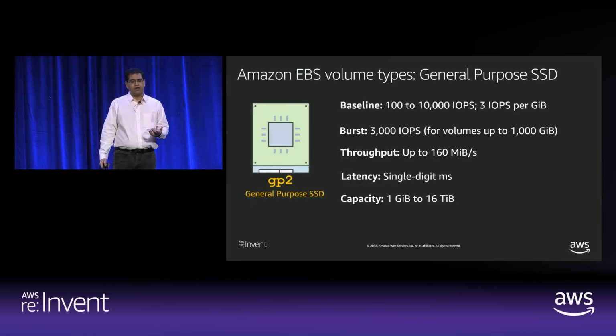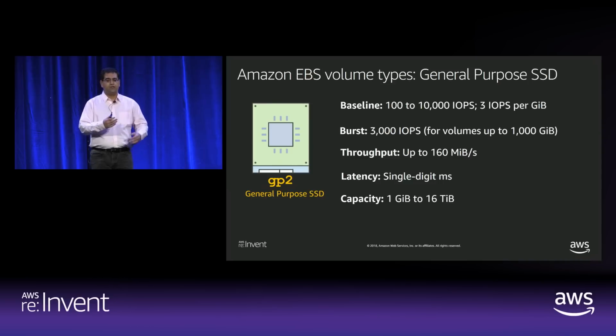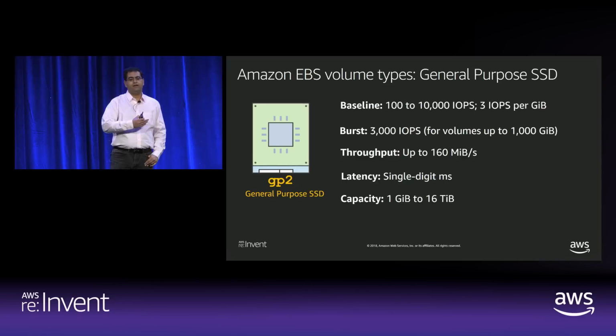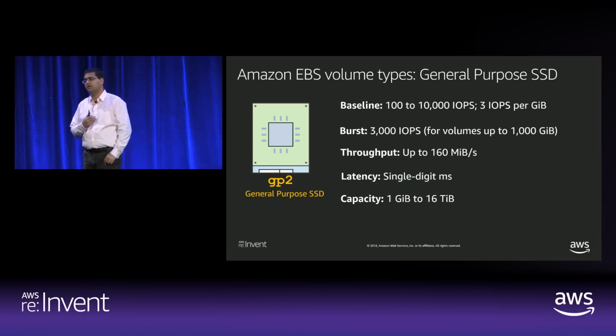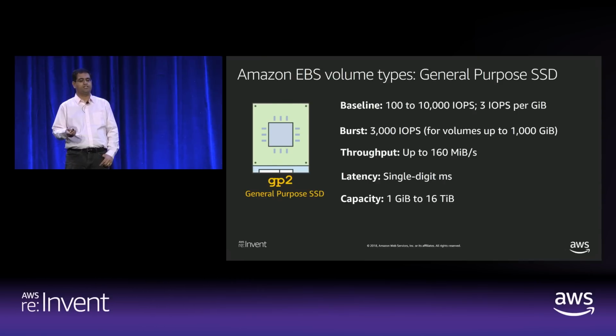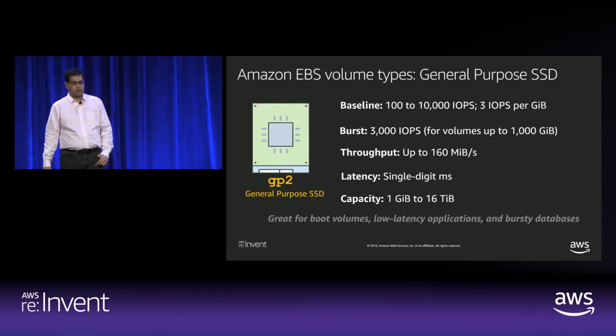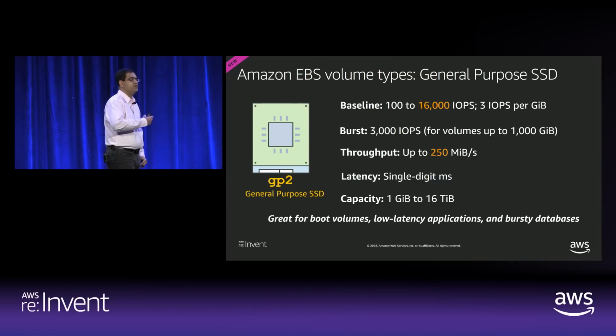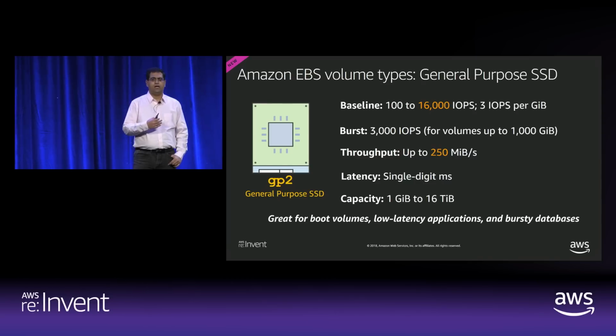So what does GP2 look like? In case you missed it, we announced this on Monday, but prior to Monday, the baseline for volumes was going from 100 IOPS up to 10,000 IOPS, increasing at 3 IOPS per GB. Post-Monday, what we announced was you now get up to 16,000 IOPS, right?